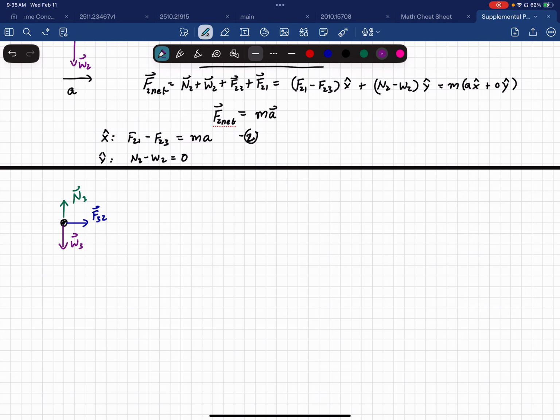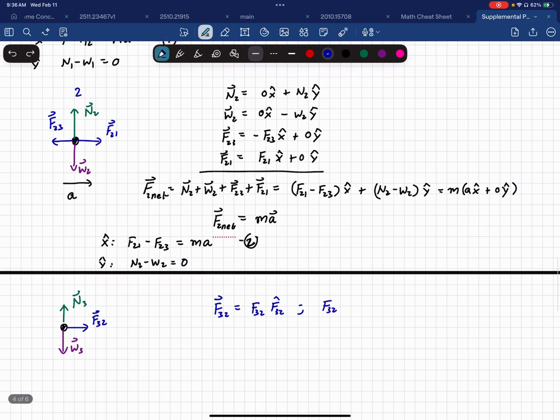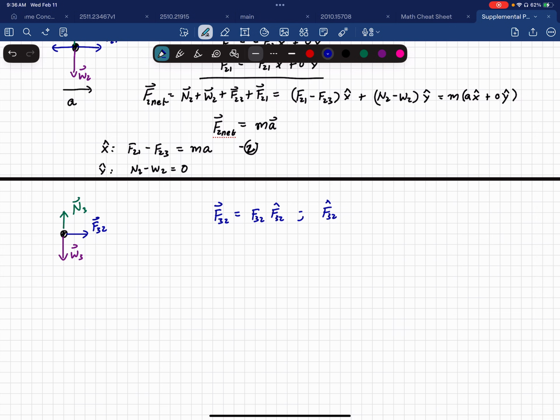Okay. Again, the same drill, writing out all the forces. F32 hat is in the X direction. Fine.